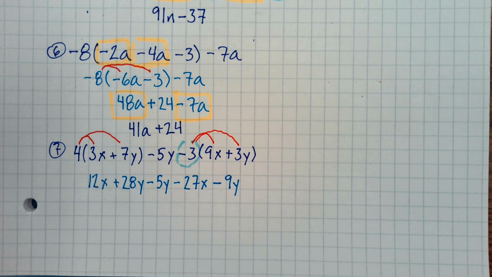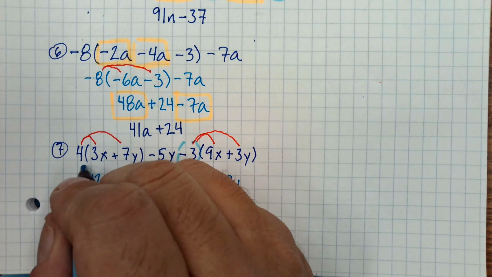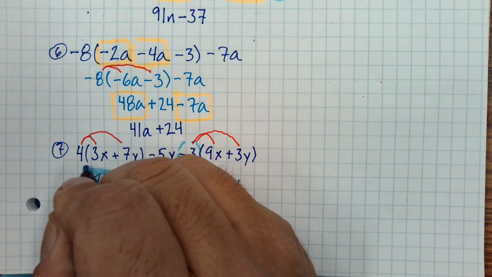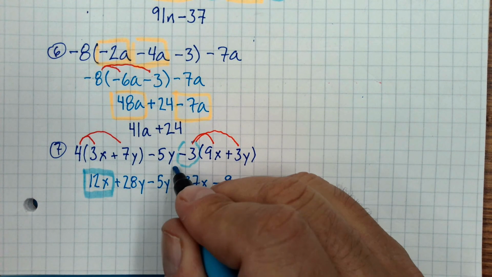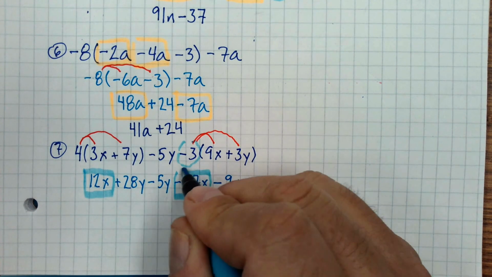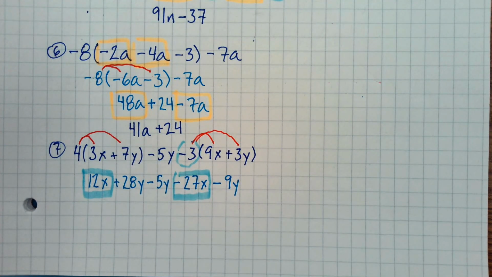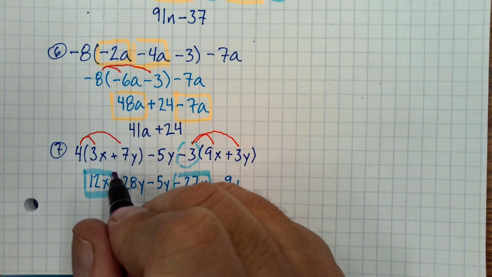Let's just find it. I'm going to start with x's. This x combines with anything else with x, which is right here. So those go together. What else do I have? I have terms with y.